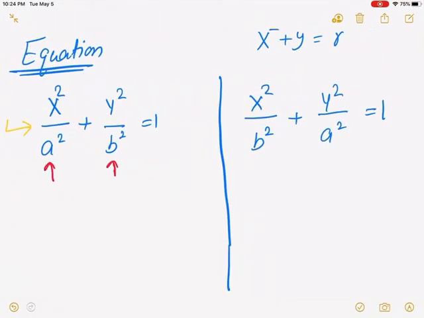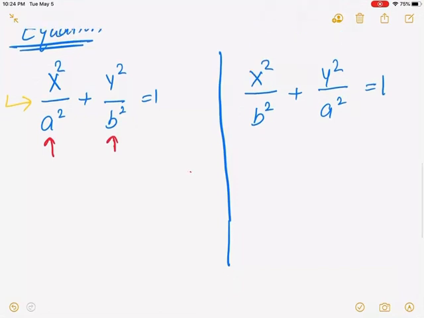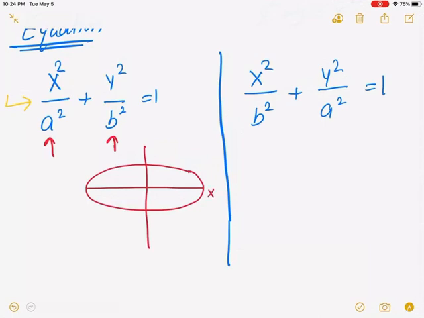So let's say I'm going to draw this. Let's say this ellipse is like this, and this is my x-axis and this is the y-axis. On the x-axis, it's going 5 units on both sides. So this is at -5 and this is at +5. So on both sides it's going by 5 units.